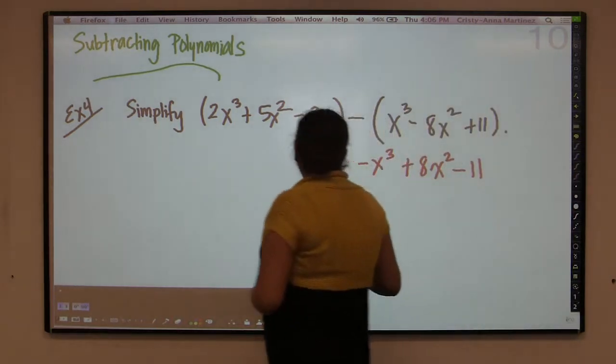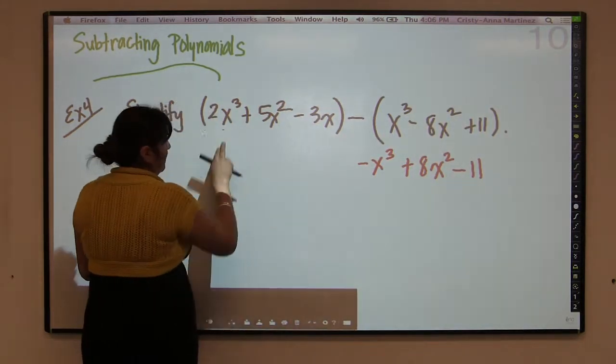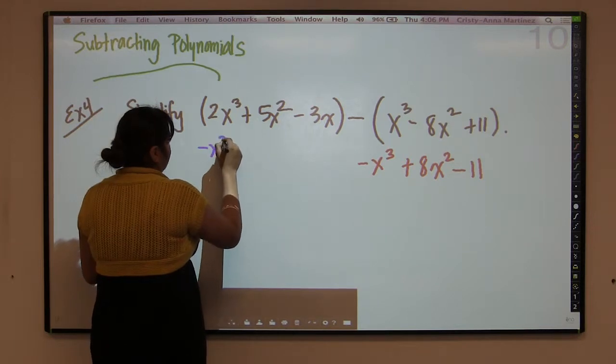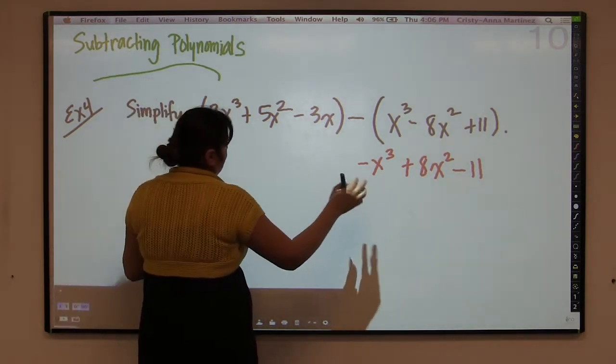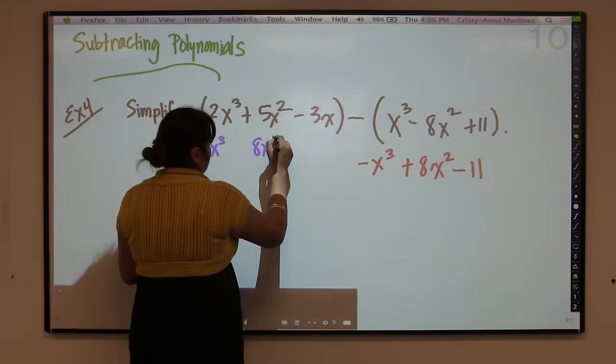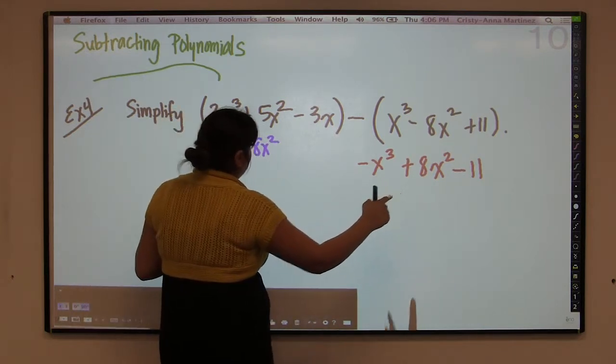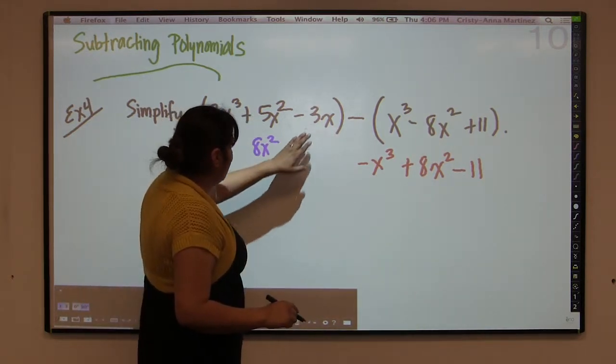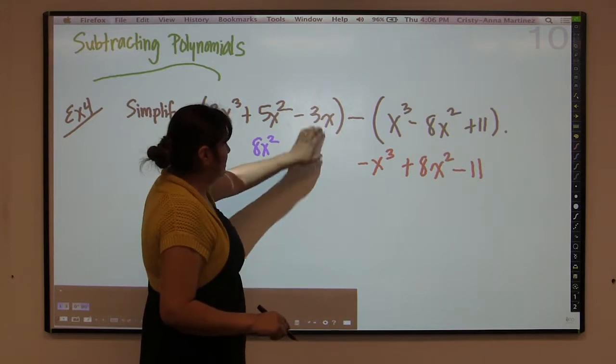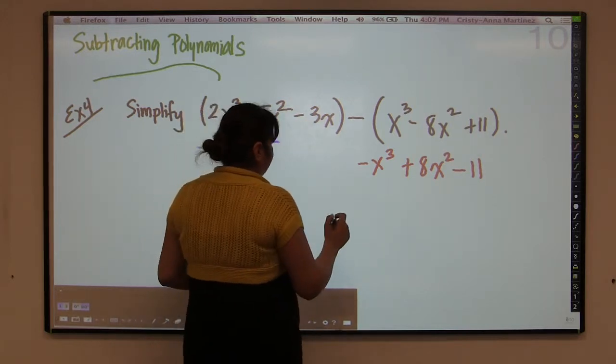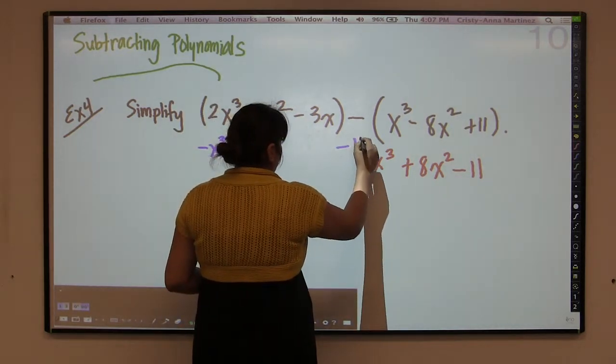So I'm going to want my x cubes to be underneath these x cubes. And then I'm going to want my 8x squared to be under my 8x squared. And then my negative 11, you can see my negative 11 doesn't have anywhere to go here because there's no x's here. So I'm going to put my negative 11 kind of over here.